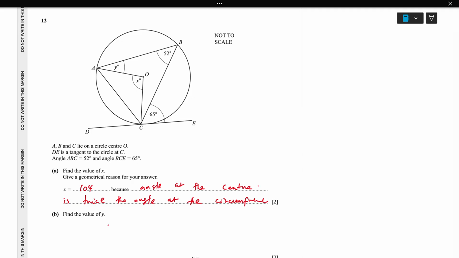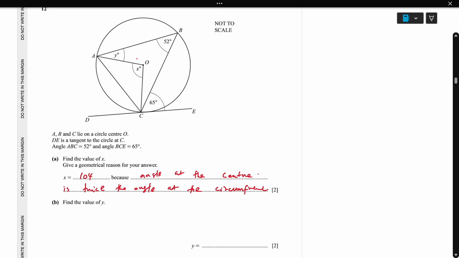Next, find the value of y. We know x is now 104, so we need to find these two angles. This is isosceles because OA and OC are equal, being radii. So now I need to find this angle. This angle is going to be 180 minus 104 over 2 because of isosceles, so we get 38 degrees.